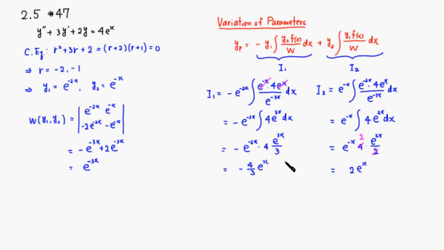What we're looking for is y sub p. y sub p is equal to I1 plus I2, which is negative 4/3 e to the x plus 2 e to the x. 2 is the same thing as 6/3, so it's going to be 2/3 e to the x.